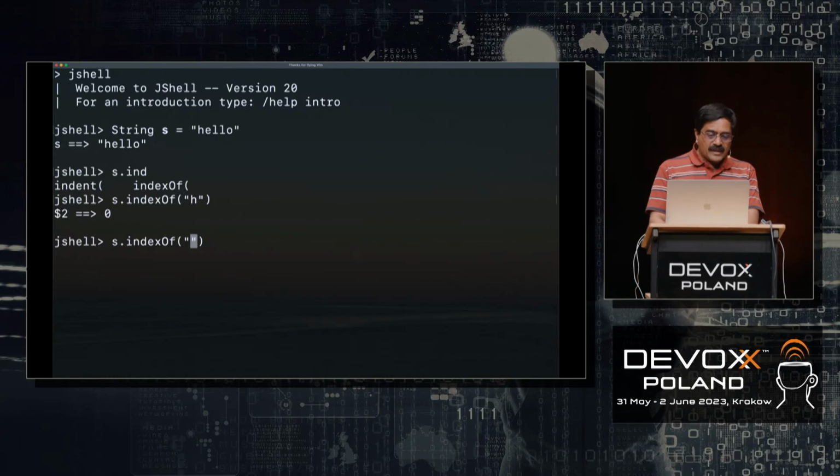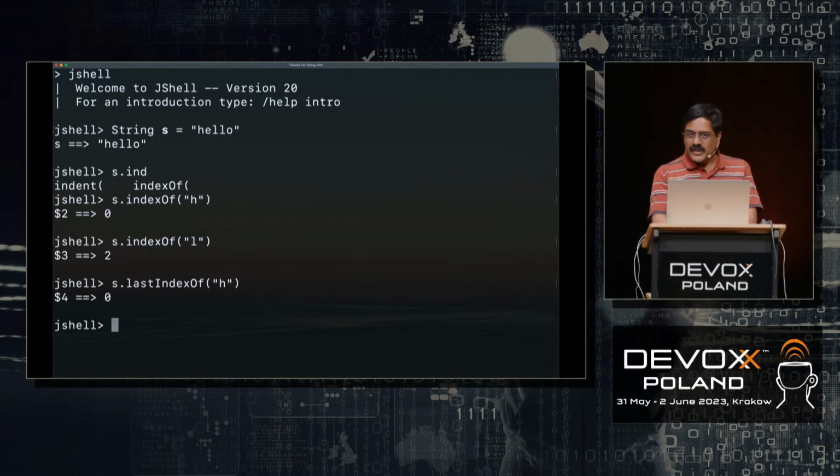If I ask the index of l, on the other hand, it's a 2. So far, so good. But then I say lastIndexOf, and in this case I'm going to ask for h, and it turns out that's a 0 as well because h is not being duplicated.